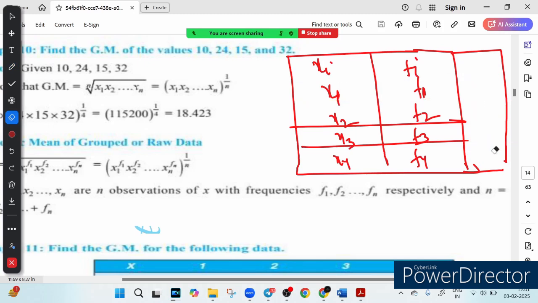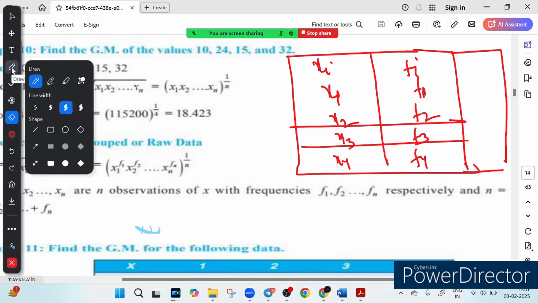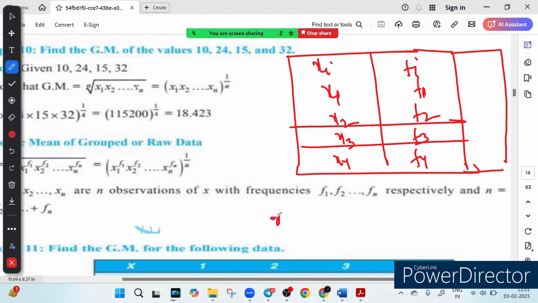Okay, so to find the geometric mean of this grouped data, you write x1 and put power f1, you write x2 and put power f2, you write x3 and put power f3, you write x4 and put power f4, and take the nth root.